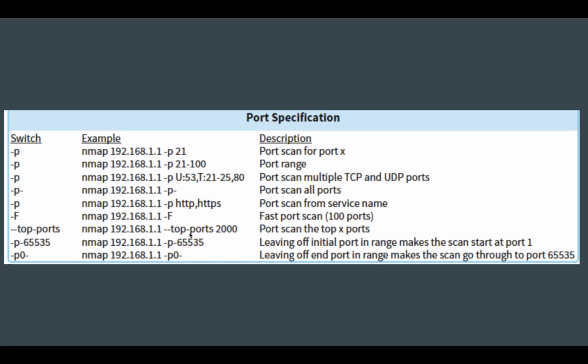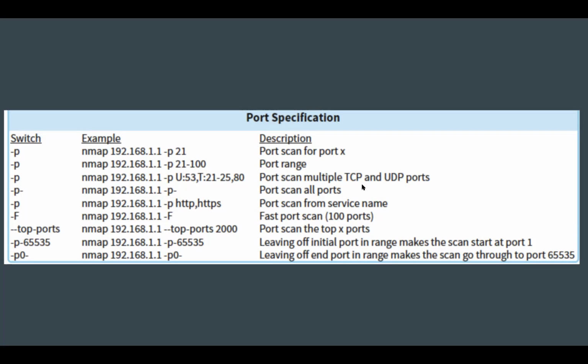There's also Nmap has a database of top ports, and so you can scan the top 2,000 ports. There's also port ranges. You can scan different ports using different protocols, TCP or UDP.